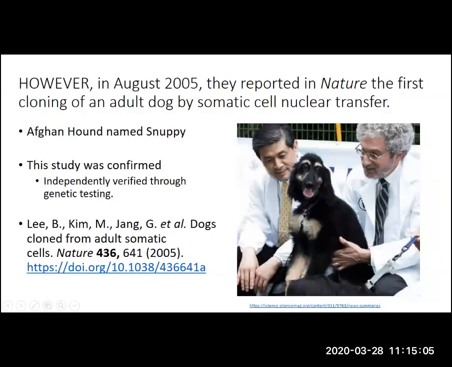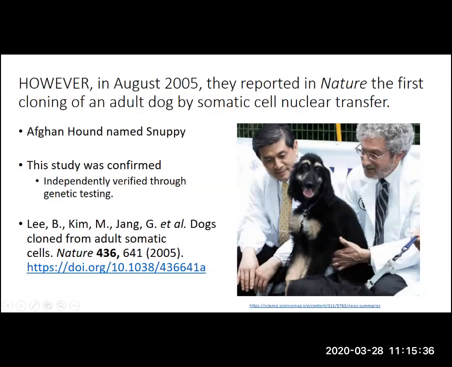So that whole 2004-2005 papers episode raised lots of expectations that came dashing down. What's interesting is that in August 2005, in the midst of all of this going on, this same group, we've got Dr. Wang and Dr. Schatten here in this photograph, reported in Nature, a different scientific journal, the cloning of an adult dog using the somatic cell nuclear transfer technique.